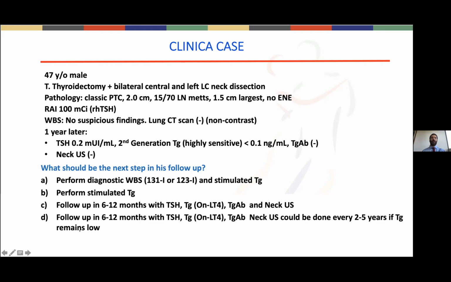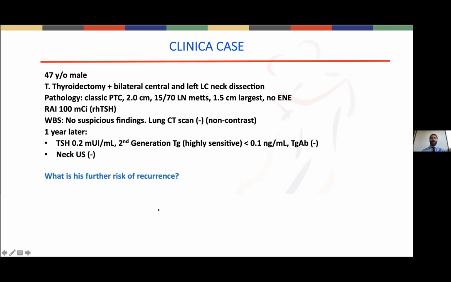And D, follow the patient at 6 to 12 months with the same biochemical assessment, but in this alternative, we could defer the neck ultrasound to every 2 to 5 years if the thyroglobulin remains low. So please answer which of the 4 alternatives you think is the right next step in the follow-up of this patient. We will discuss this case at the end of the presentation.